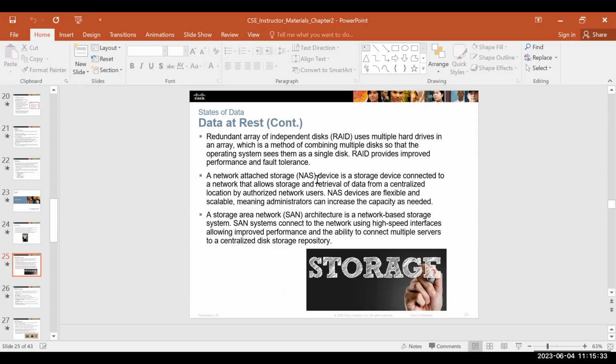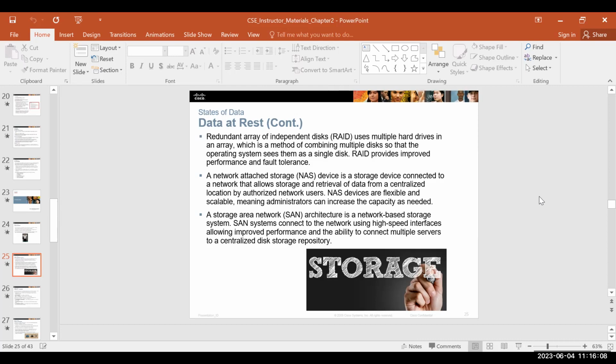Redundant array of independent disks, RAID. RAID means redundant array of independent disks, which uses multiple hard drives in an array. RAID is a way of arranging hard drives. You arrange hard drives and stack them on the RAID, so in that way, the operating system sees them as a single disk.